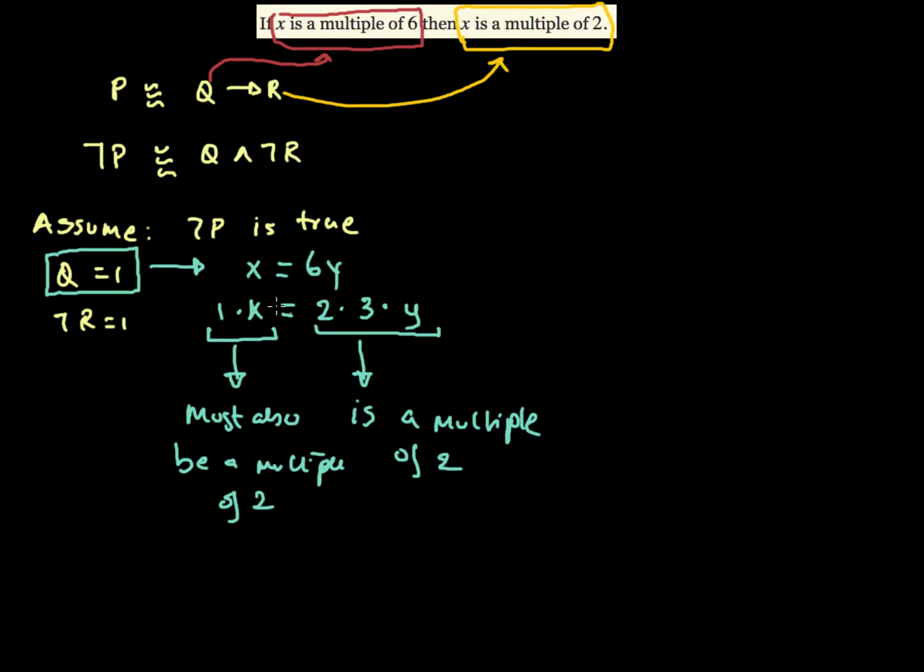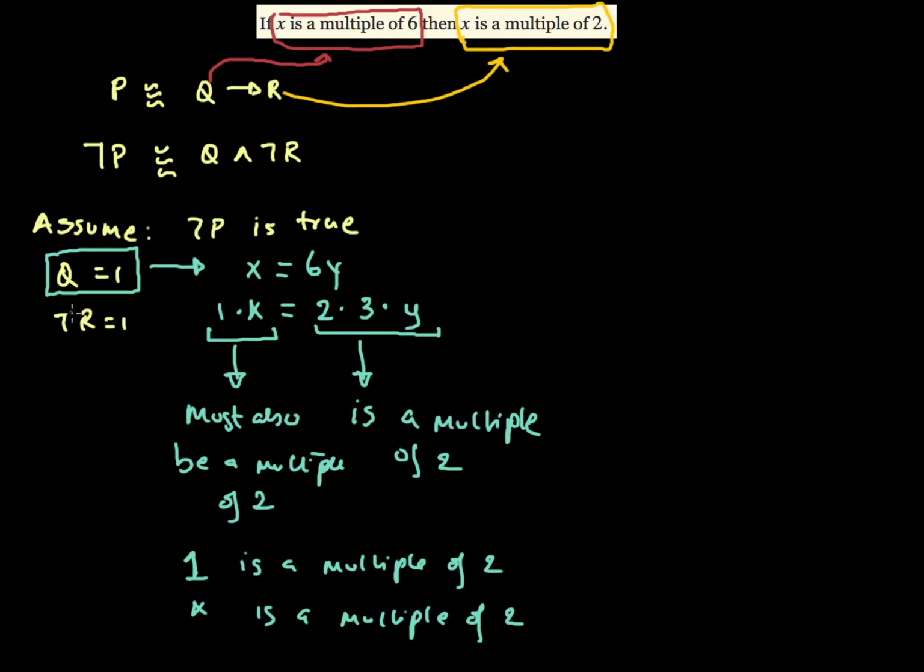And if the left hand side is a multiple of 2, then either 1 is a multiple of 2, or x over here is a multiple of 2.